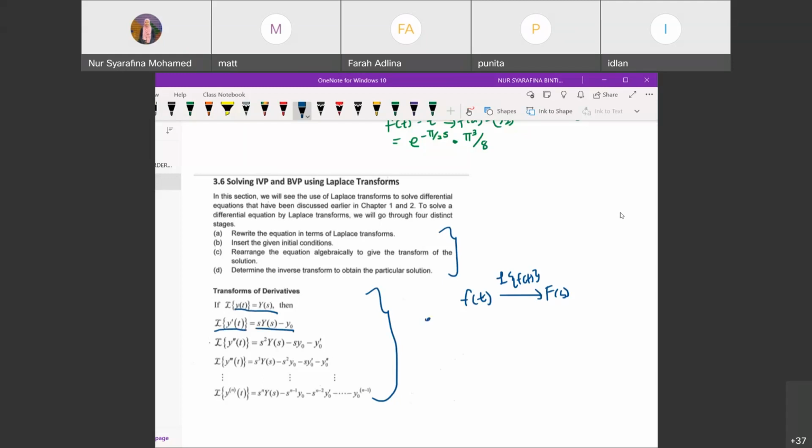So if you have y prime, then you want to transform y prime here. Of course we apply the definition: exponent negative st, f(t) now is y prime(t).